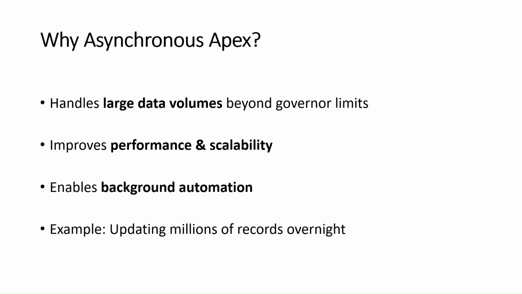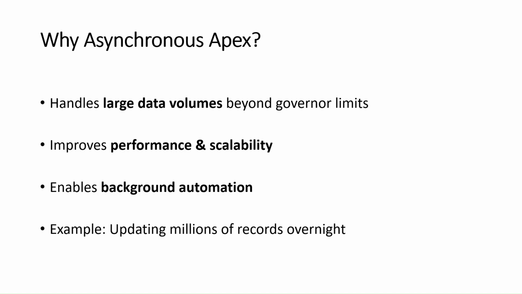So firstly, why do we need asynchronous Apex? It is very helpful in handling large data volume beyond the governor limit, and it improves performance and scalability and enables running in the background.